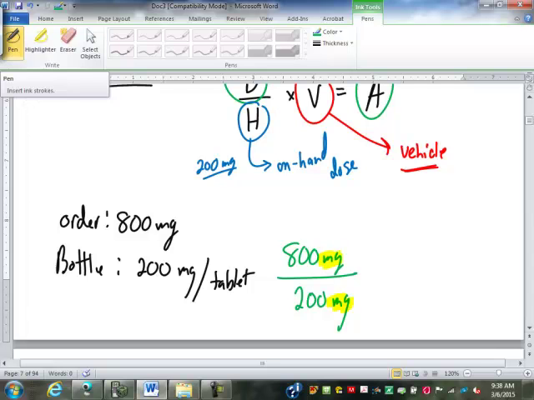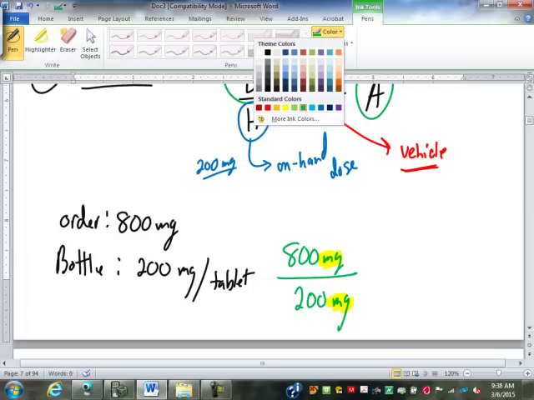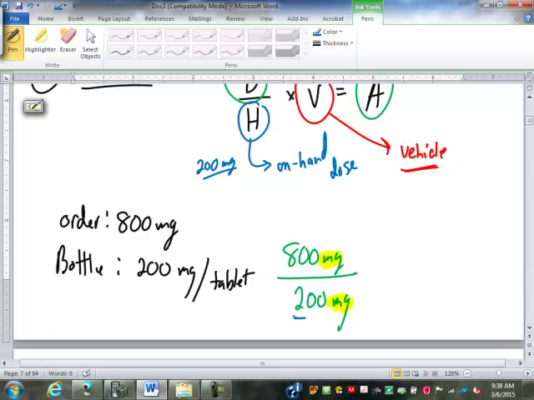The vehicle has to somehow be related to the on-hand dose. In other words, it has to be what actually contains that dose and is going to carry it to the patient. In this case, the vehicle is a tablet. So really what this is saying is 200 milligrams for every one tablet.